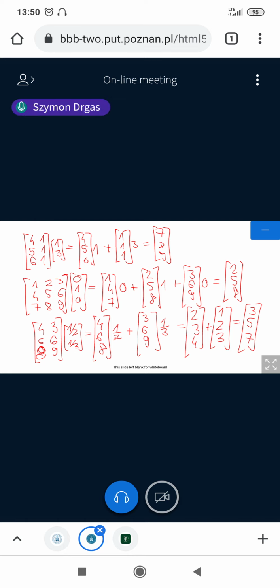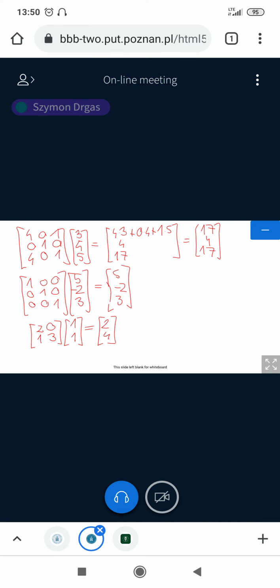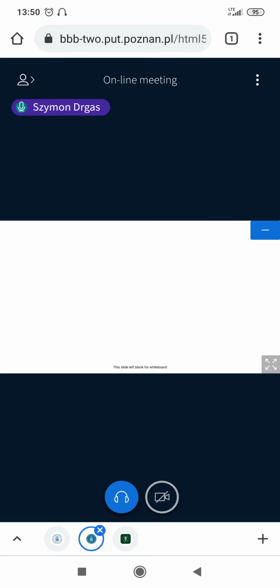Okay, and if we have a matrix with one row, so it's actually a sequence of numbers. So I moved to exercise number 3.